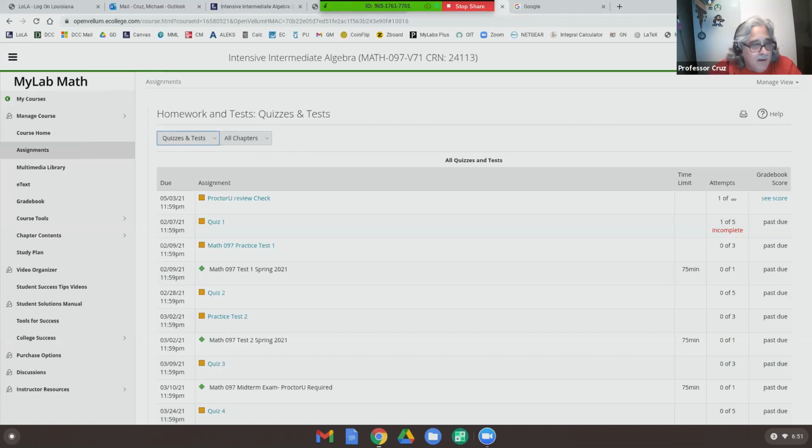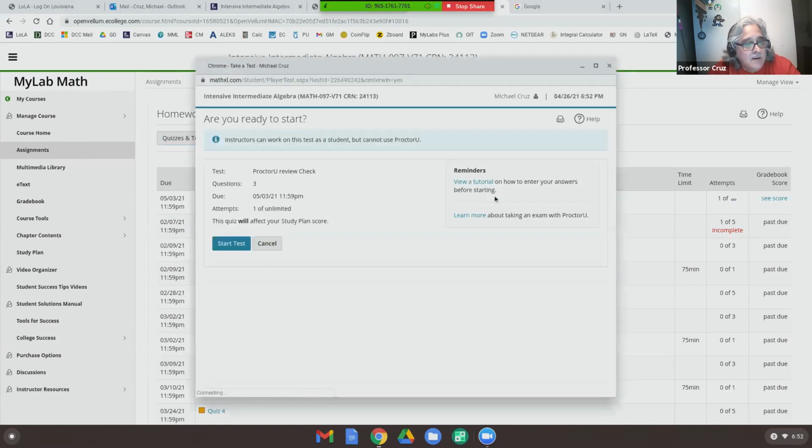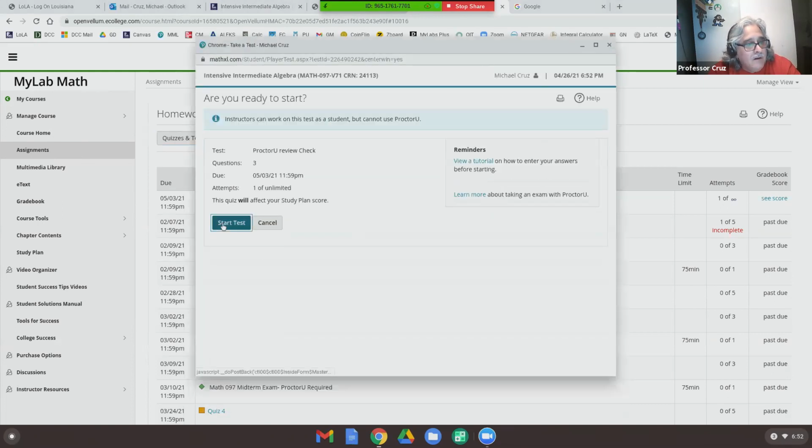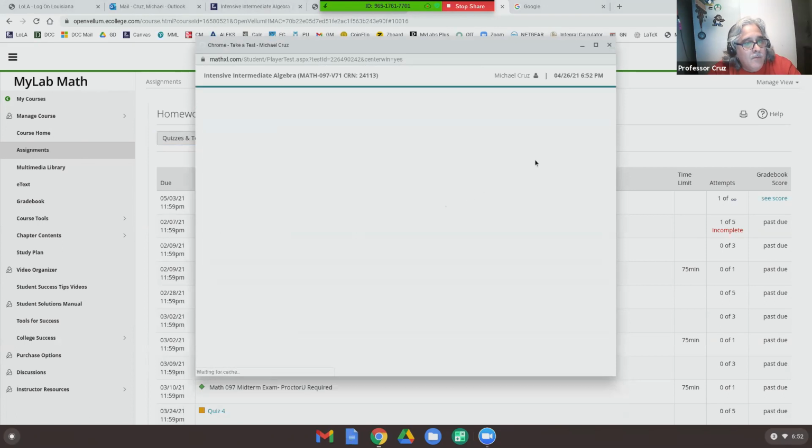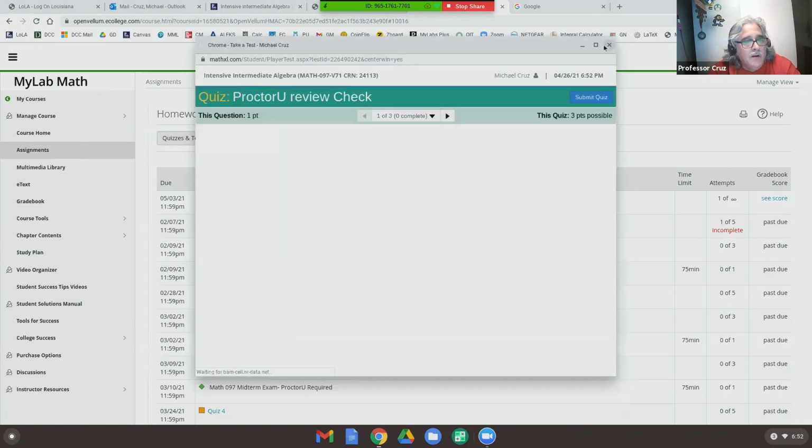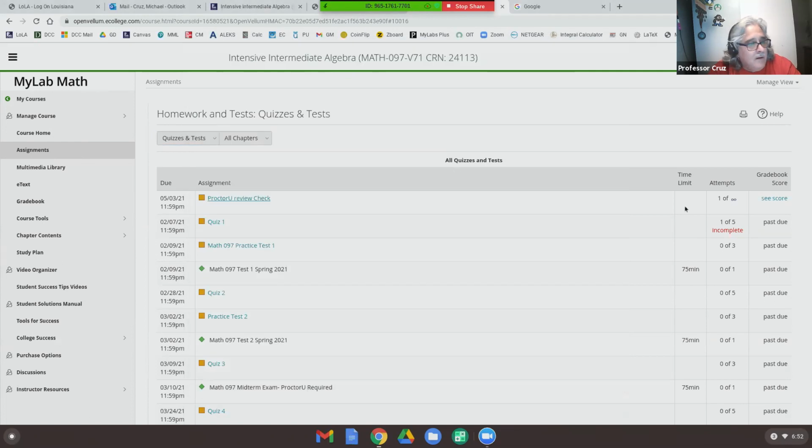You've got to have that account information. You're finished with Proctor U once you create an account. Then you go back to My Math Lab, and when you click on this, well, it's going to let me do it because I'm the teacher. But anyway, you've got to download that app before you run it, or it's not going to open up for you. Okay?